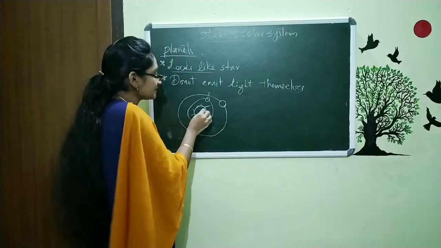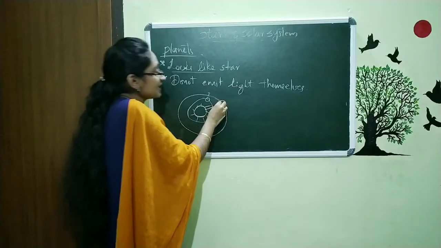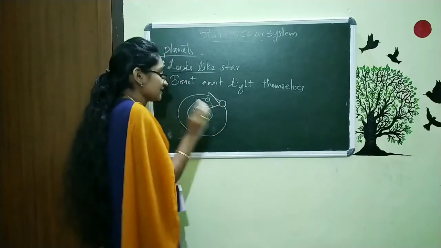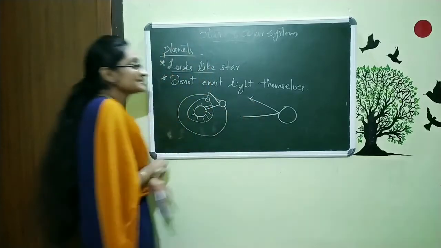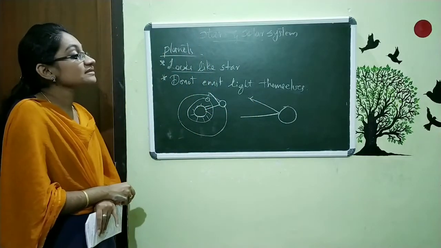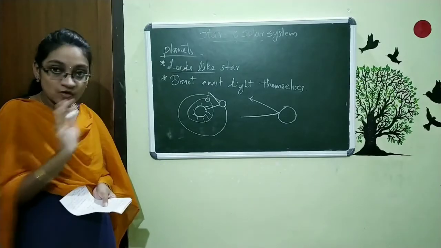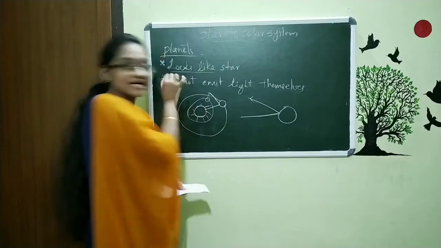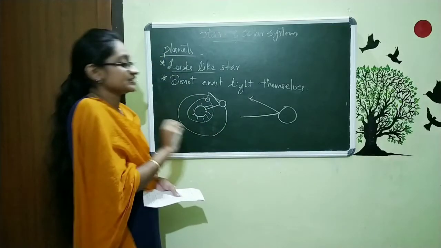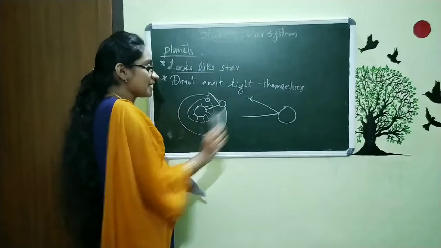The thing is very simple. The sunlight hits the planet and is reflected. We feel the light is coming from the planet, but actually it is from the sun. Sunlight is reflected from the surface of the planet.